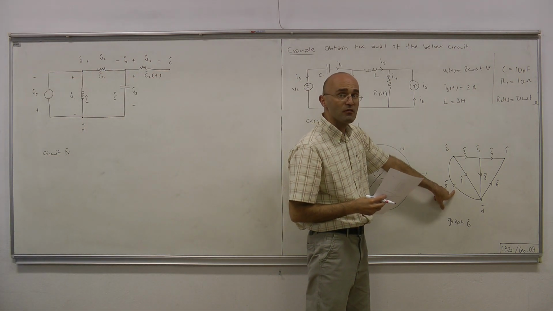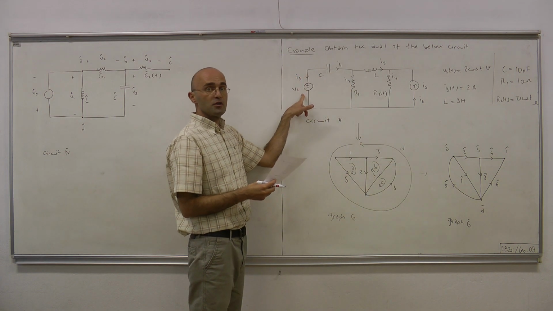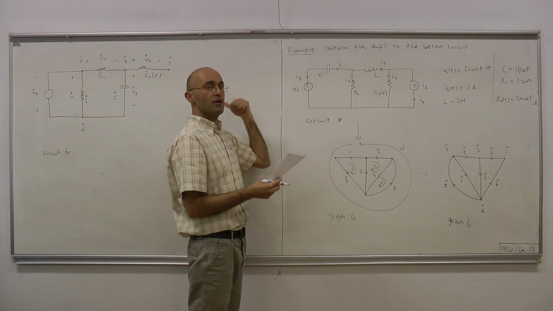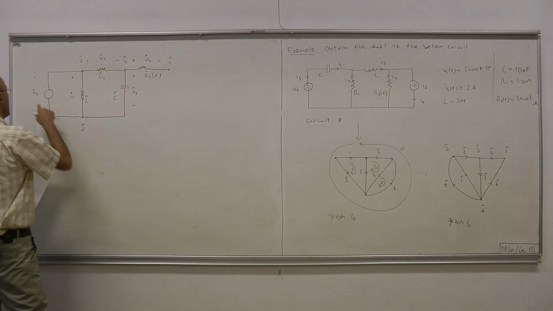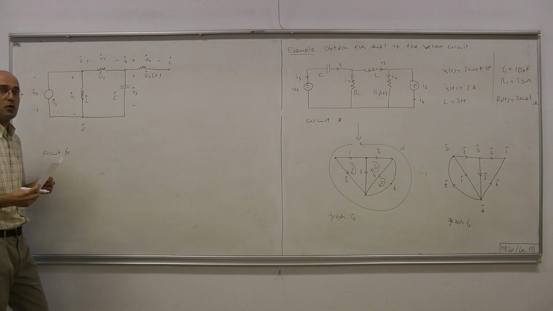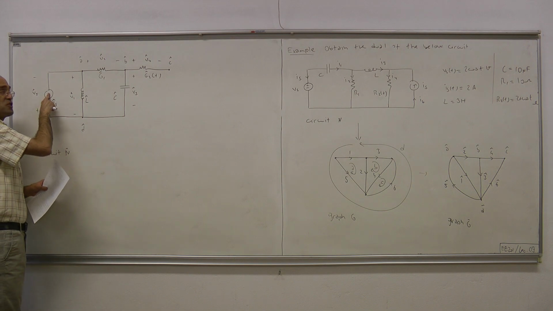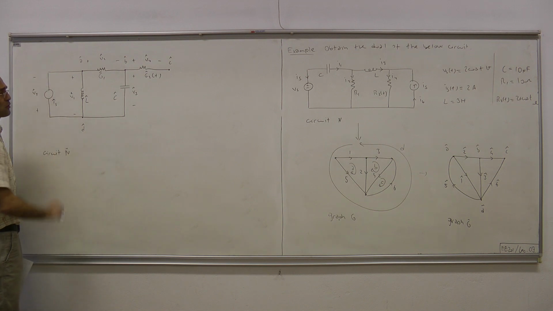Once again, this is the fifth branch. The fifth branch corresponds to a voltage source in the original circuit. Therefore, in the dual circuit, it would be a current source. Okay. Now the question is, let me put here IS hat. Now the question is, what's the direction of the current or the arrow in this source circle?